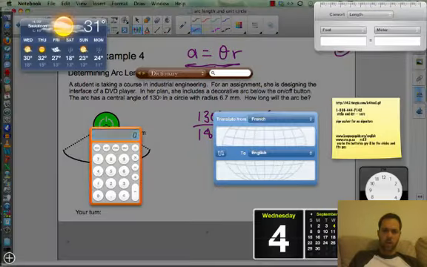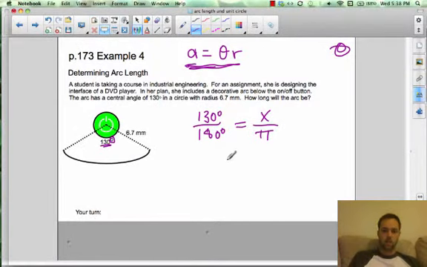So we do our multiplication, 130 times pi, which is 3.14, and then divide the result by 180, and we end up with 2.27 radians. So x equals 2.27. And x, of course, is our theta, our central angle in radians.